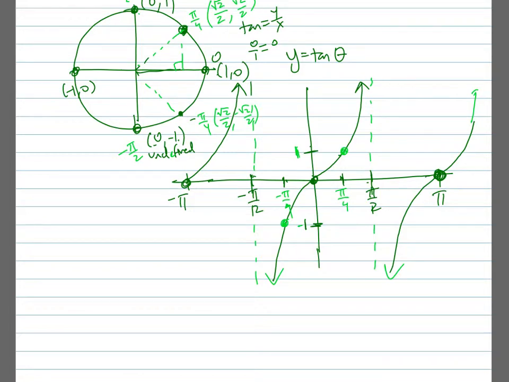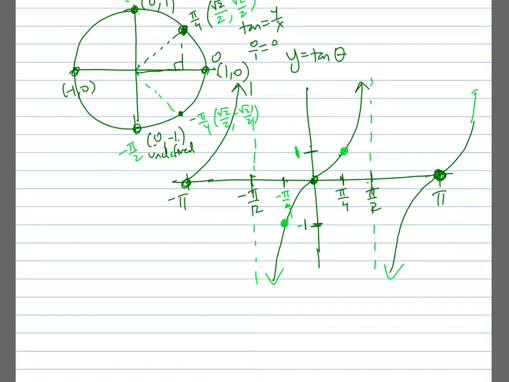Now, let's go over to right here, halfway. This is pi over 4 radians. So go ahead and put it right here. At pi over 4, remember this is a 45, 45, 90 triangle. Do you remember what the length of both of these legs is going to be?